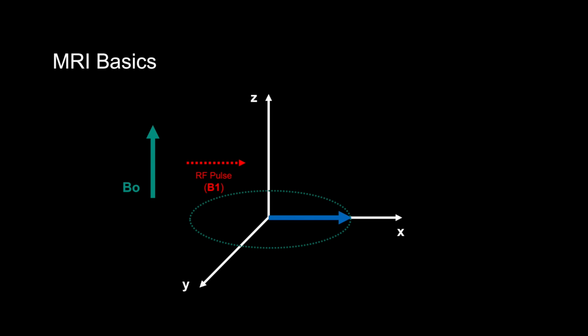And as mentioned earlier, we detect signal in the XY plane with a coil detector. The varying field in the XY plane towards, then away, then towards, and as it precesses, is going to create a varying magnetic field that's going to create a current in this coil, which is the MRI signal itself.